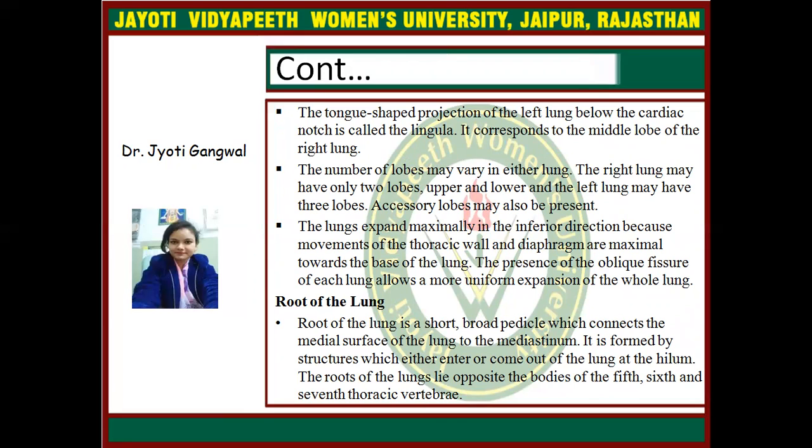Root of the lung is a short, broad pedicle which connects the medial surface of the lung to the mediastinum. It is formed by structures which either enter or come out of the lung at the hilum. The roots of the lung lie opposite the bodies of the fifth, sixth, and seventh thoracic vertebrae.